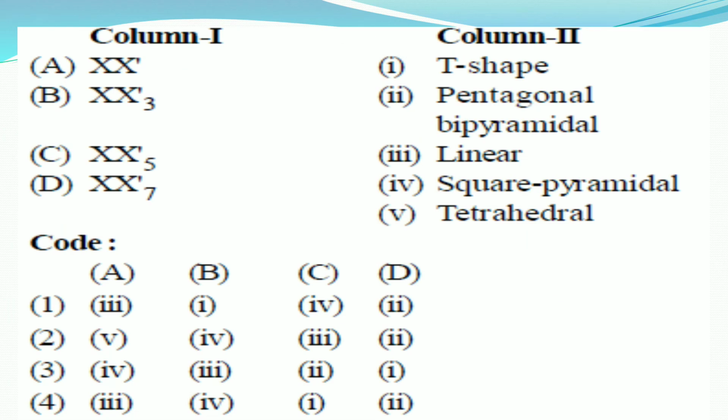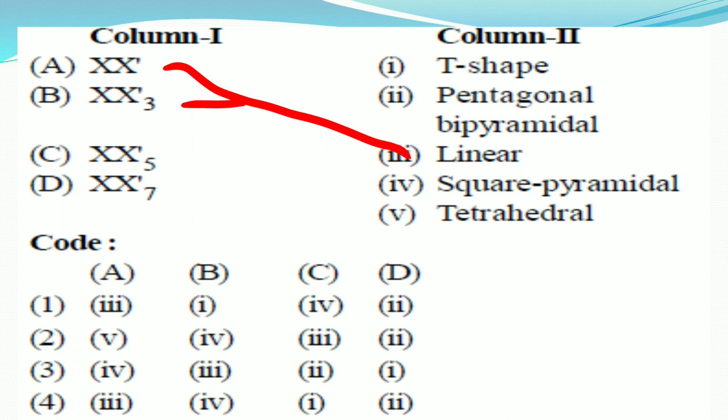This is about the shape and hybridization of the types of interhalogen compounds. This is the question for you. You must answer me. In one column there are the types of interhalogen compound, and in the second column their shapes. XY type always has what? The linear shape. XY3 has what?